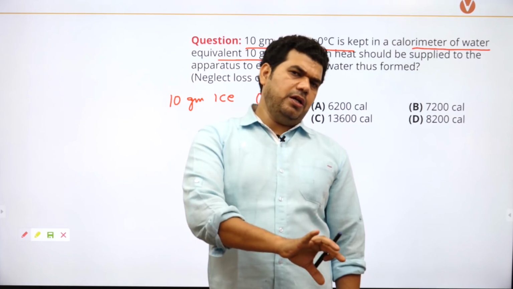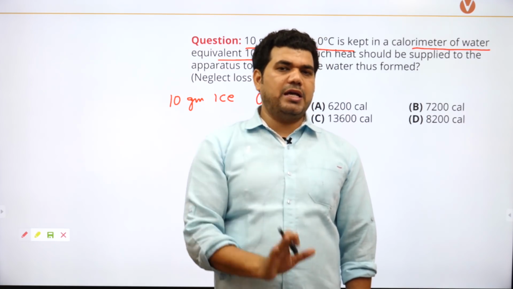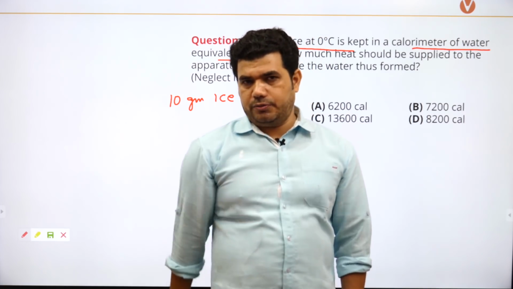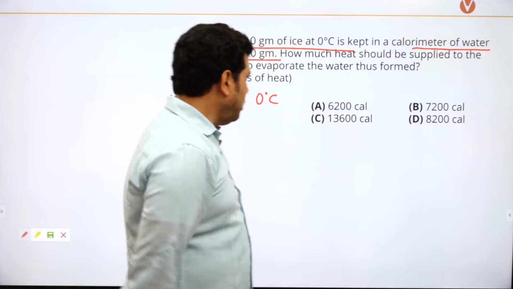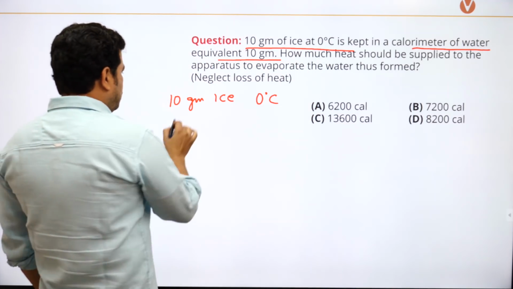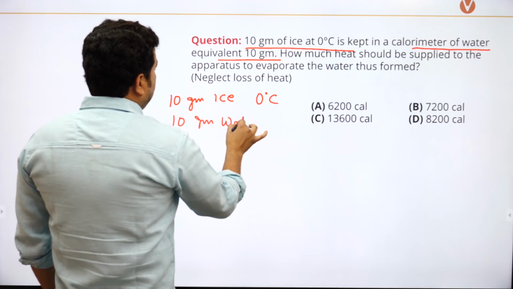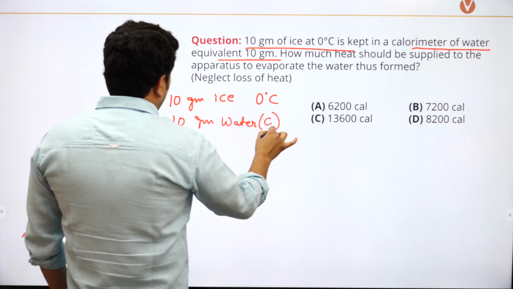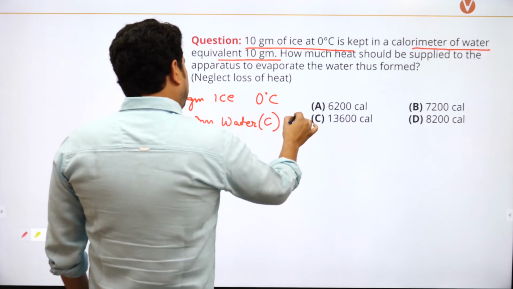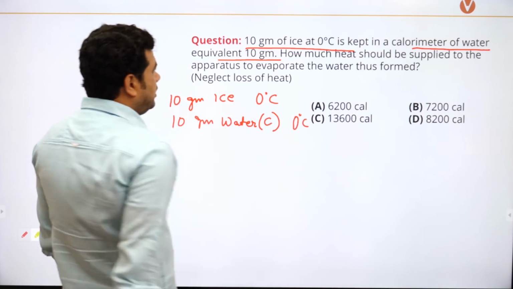This is the water equivalent. So 10 gram of water also. So we have 10 gram water and the calorimeter, and the temperature is also 0 degree centigrade.